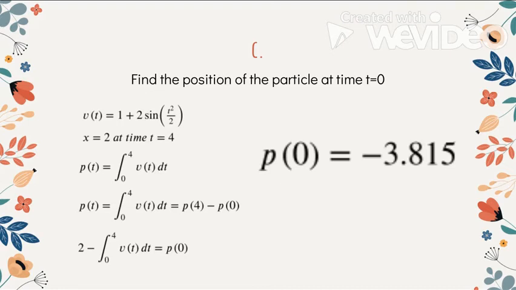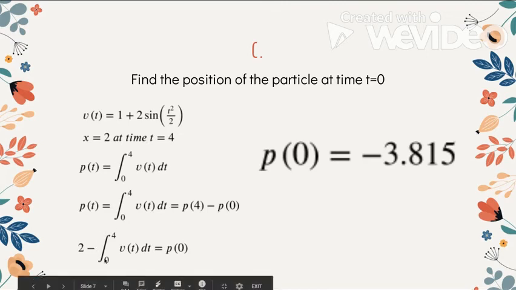We're looking for the position at time 0, so we make this little equation: the integral of v of t dt is equal to the position at time 4 minus the position at time 0. We're told the position at time 4 is 2. So in order to get p of 0, that's 2 minus the integral from 0 to 4 of v of t dt.